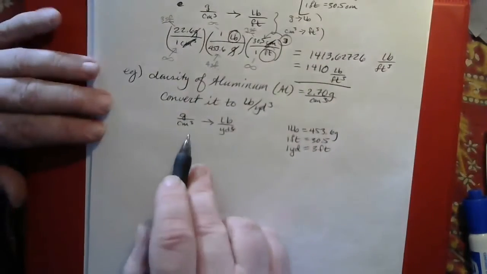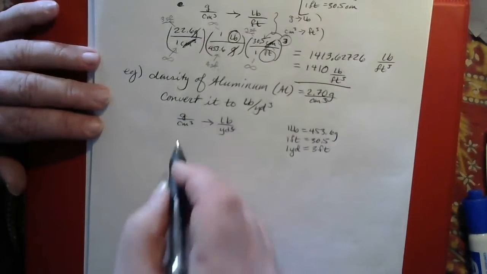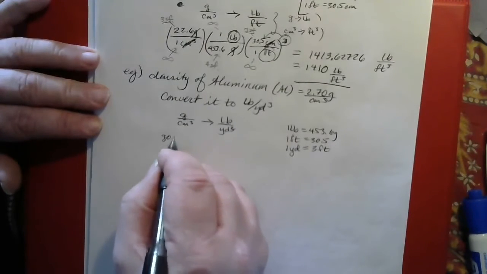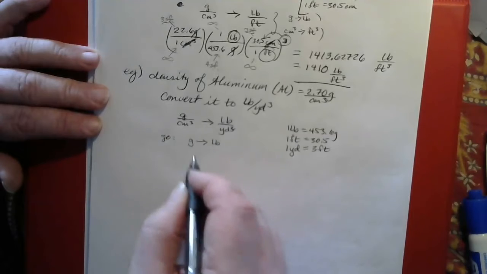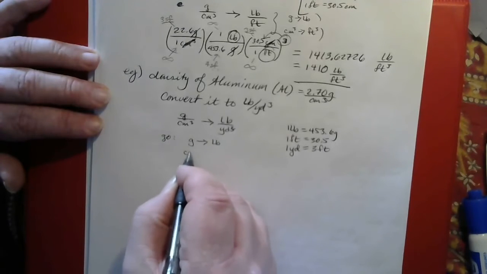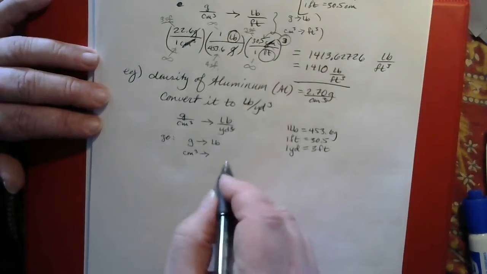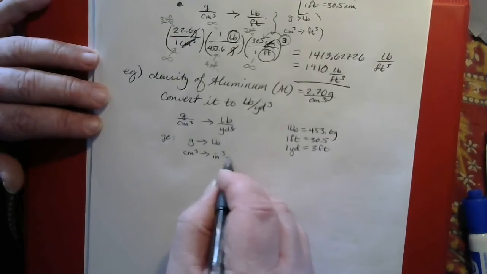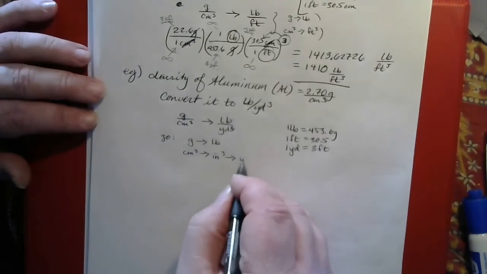So if you can get from centimeters to feet, you can get to yards. So we're going to go for the top unit, we're going to go directly from grams to pounds. And the bottom unit, we can go from centimeters cubed to feet cubed to yards cubed.